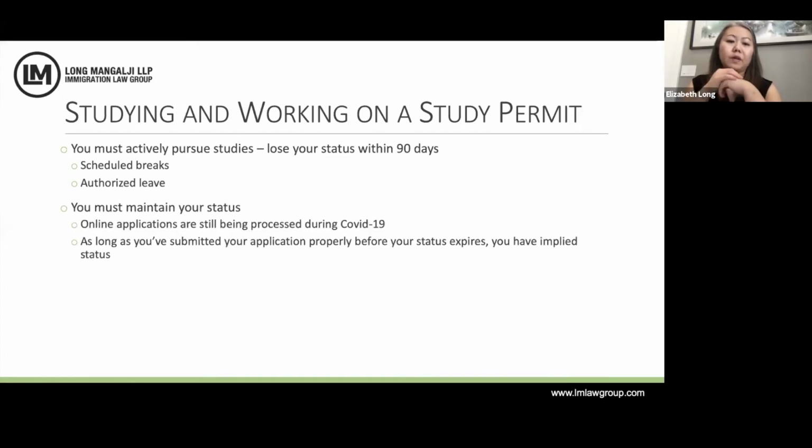So, like I said, you have to maintain your status, all right? You don't have an excuse to say, oh, COVID is here, my study permit expired, I can't file. Yes, you can file. You can still do online applications. And as long as you've submitted your application properly, you will have implied status.